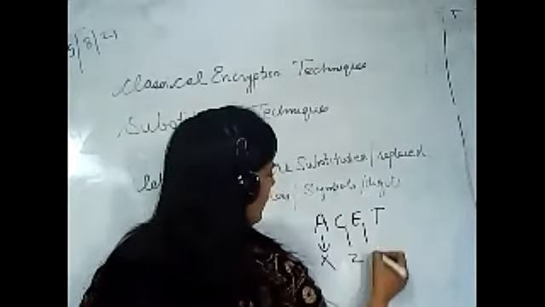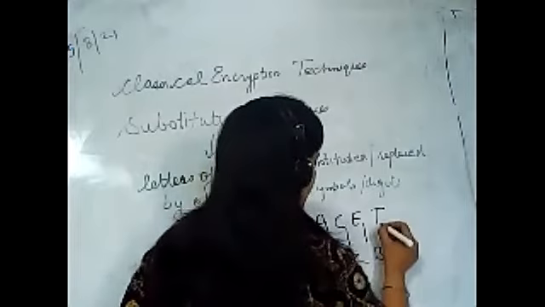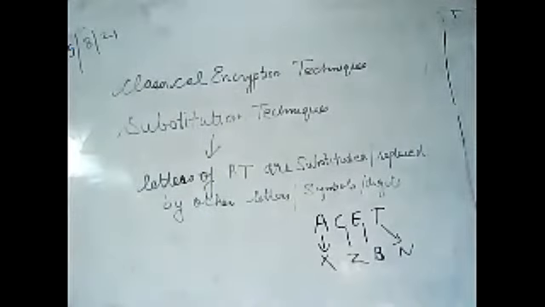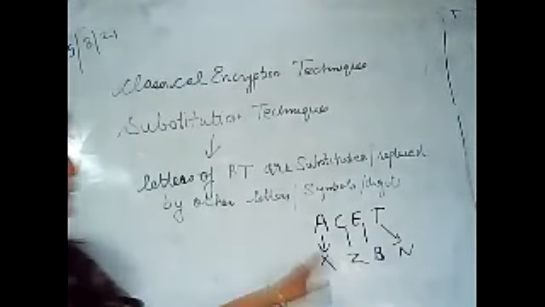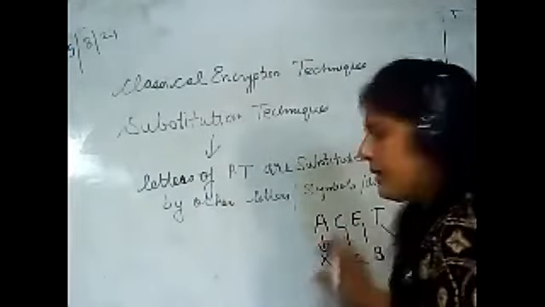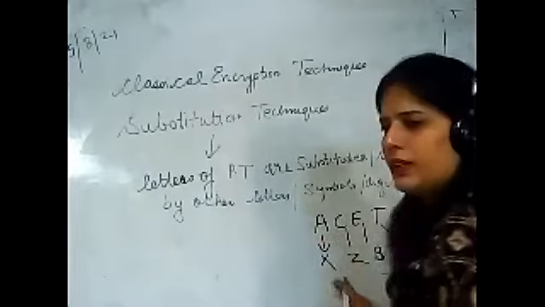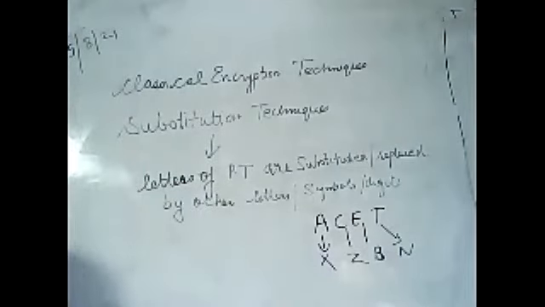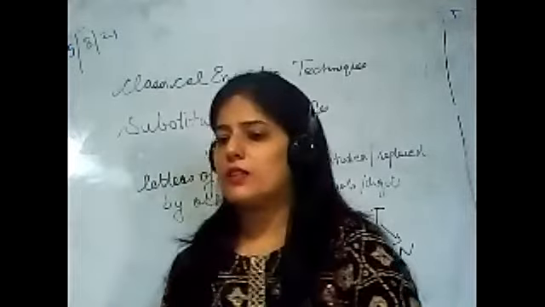I want to replace this A with X, C with Z, E with B, and T with N. So any type of substitution I can give. I am just replacing that character with some other character. It can be a character, a symbol, or a digit. This is how we can represent a word substitution.